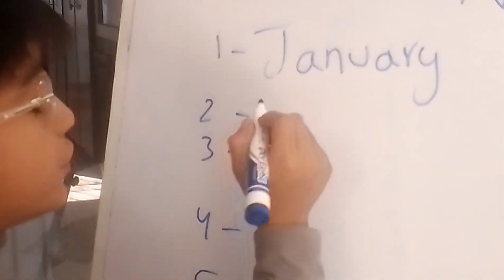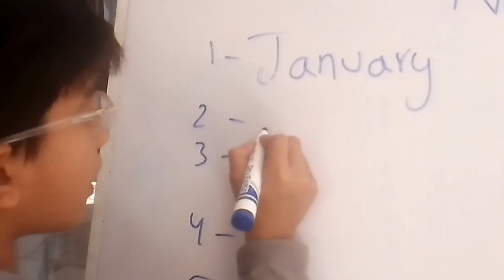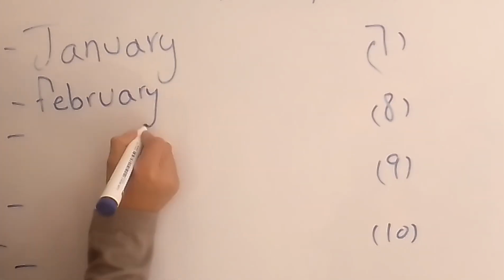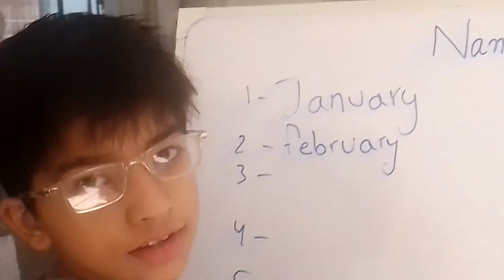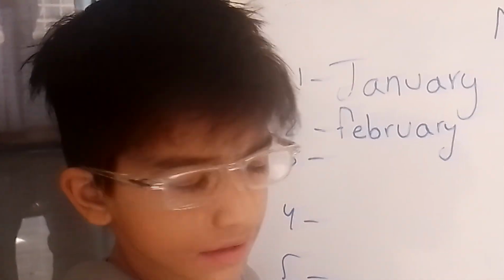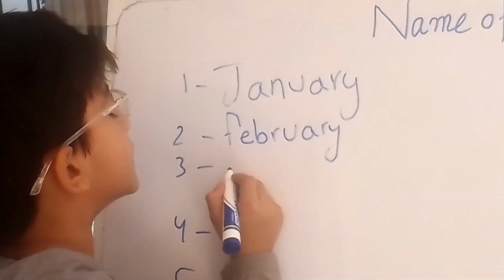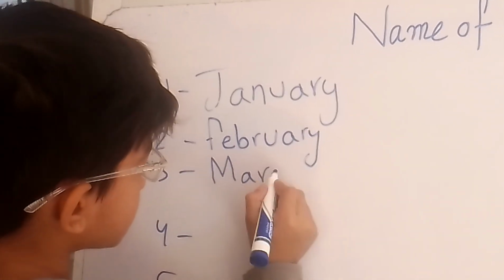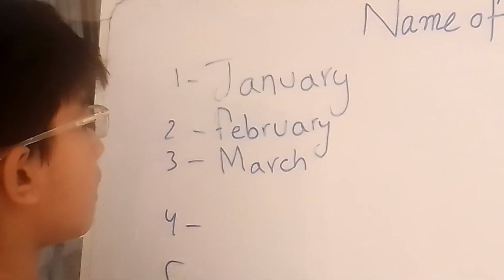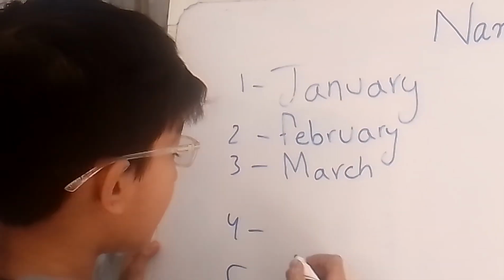The month after January is February. Our second month name is February. Our third month is March. The month after March is April.